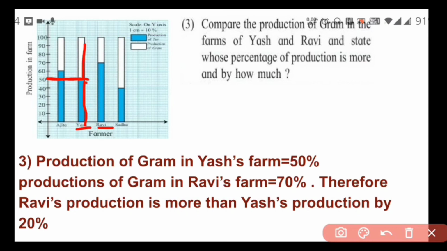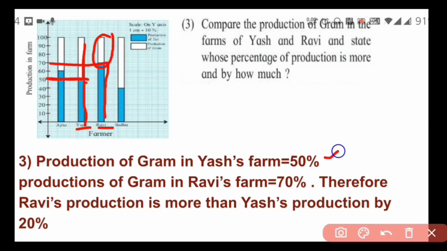Now let us see Ravi's farm. In Ravi's farm, the tur production goes up to 70. So the remaining part is for the gram. 100 minus 70 is 30. So the remaining part is 30 in Ravi's farm. Here the answer is written. The production of gram in Yash's farm is 50%.